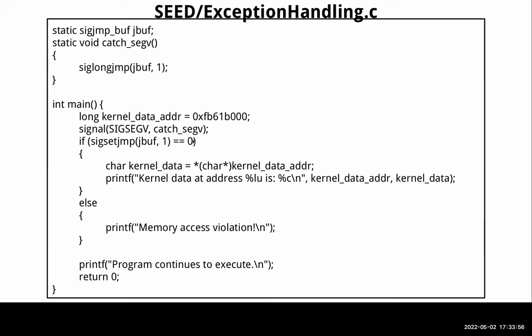Here we're using a feature, sigsetjmp and siglongjmp. How many of you used setjmp and longjmp before when programming in C? That's kind of like C's exception handling mechanism. C doesn't have a built-in exception handling mechanism like C++ or Java.